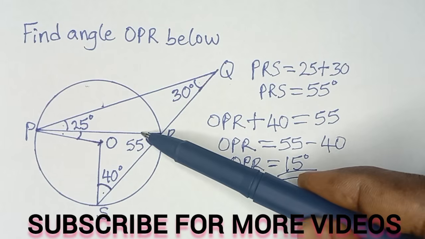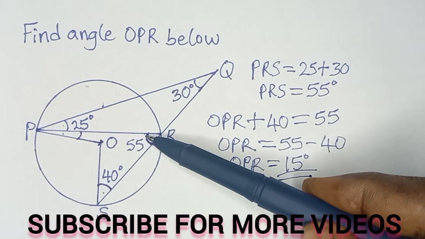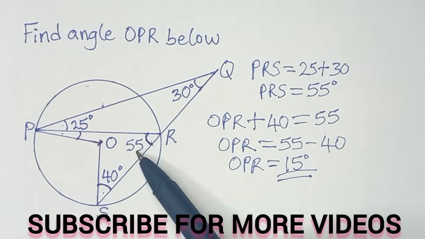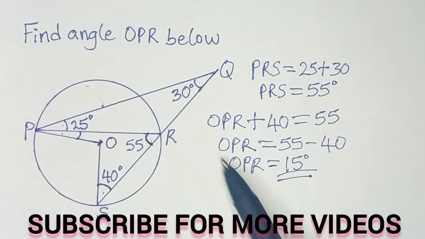So the two of them together form the adjacent base angles of two isosceles triangles, which sum up to give us the 55 degrees that I've applied now.